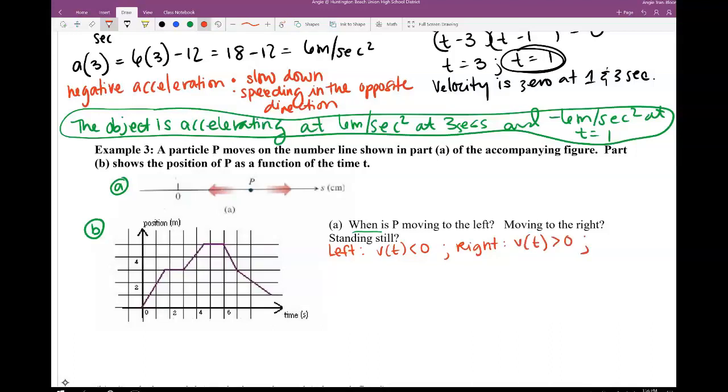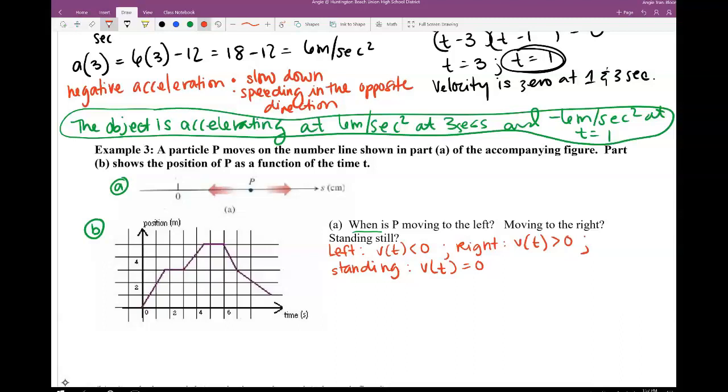Standing still or about to change direction, okay, standing or stopping is when v of t is 0. So let's look at our position, because if I take the derivative of it, then I would have all of the answers.